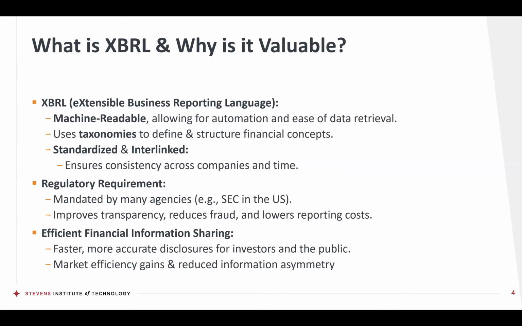XBRL is also a regulatory requirement. Agencies like the SEC mandate it, driving improved transparency, reduced fraud, and lower reporting costs. Moreover, it speeds up financial information sharing. Investors and analysts can quickly access reliable data, which boosts market efficiency and narrows the information gap.